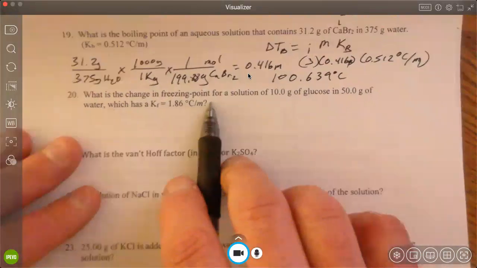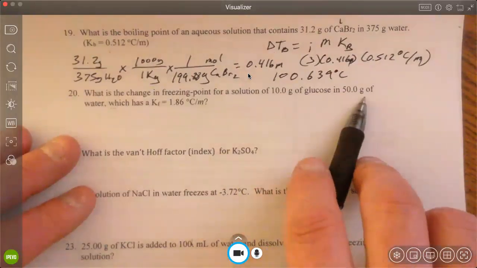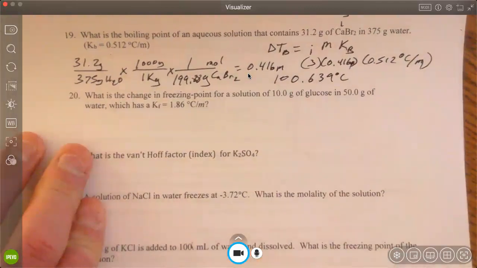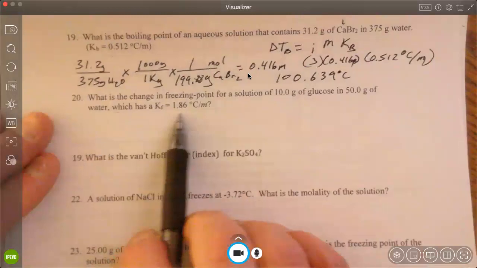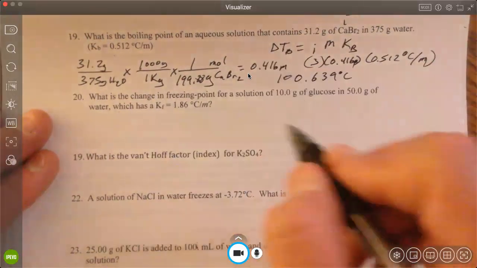What is the change in freezing point for a solution of 10 grams of glucose in 50 grams of water, which has a KF equaling 1.86 degrees Celsius per molal?